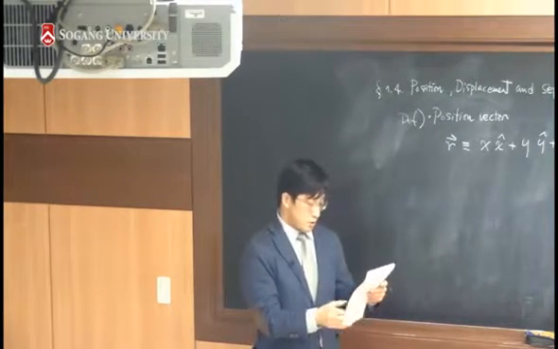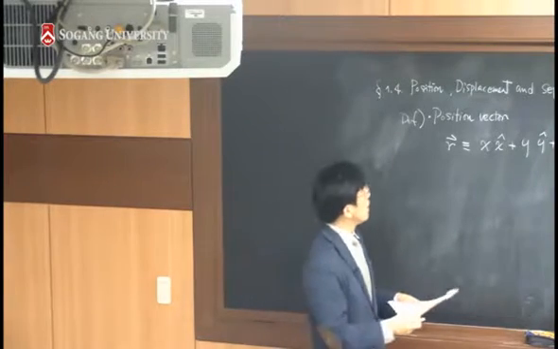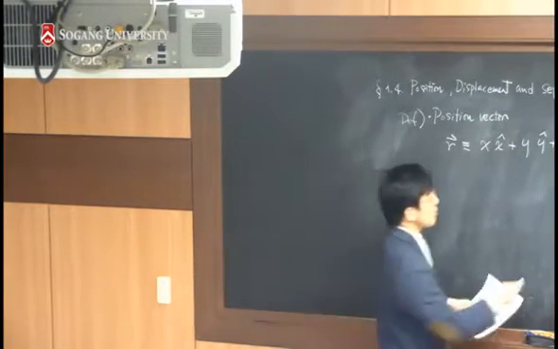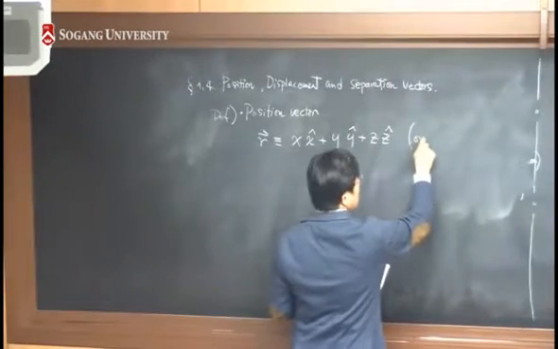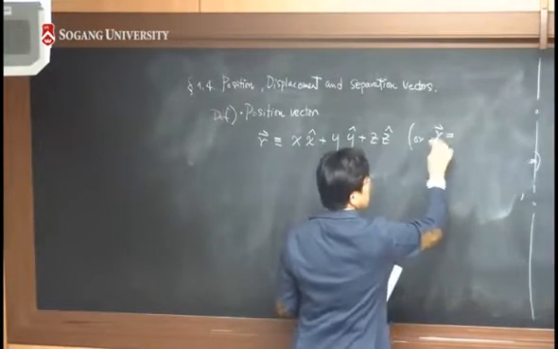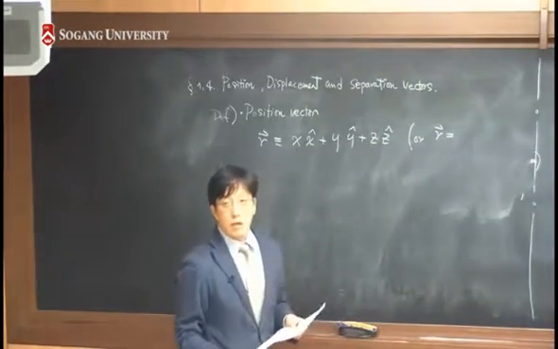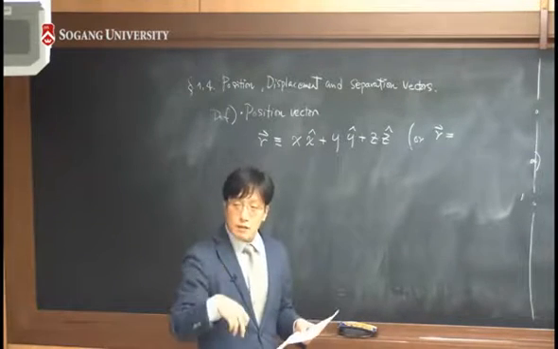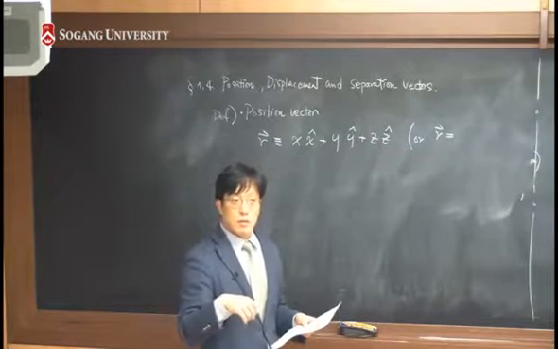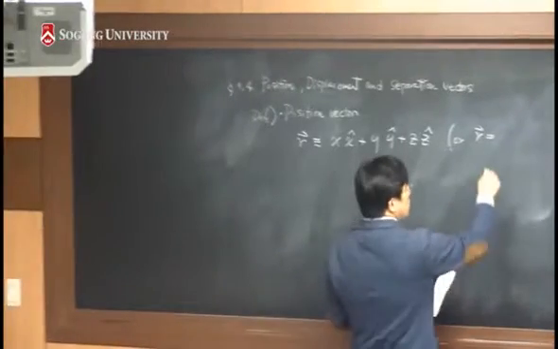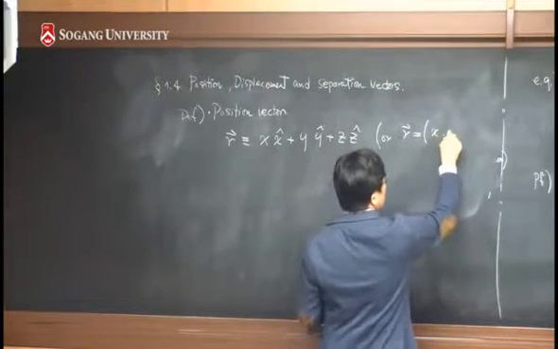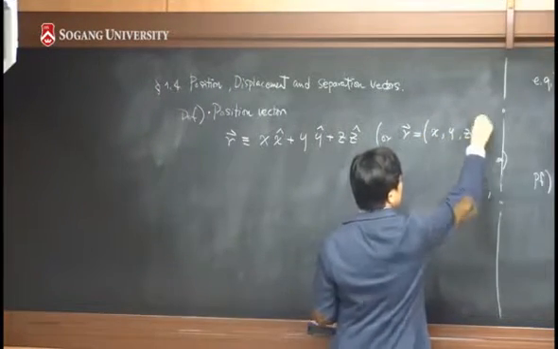Okay, so this is what we usually call the position vector, which is the same as saying that if there is a particle at a position r, and we have a Cartesian coordinate whose components are x, y, z, we usually write it as x, y, z like this. Okay?